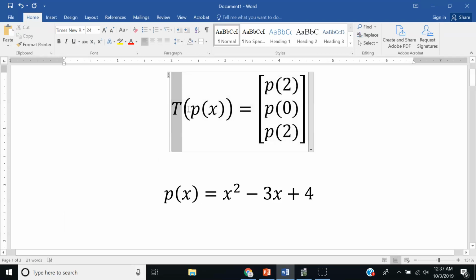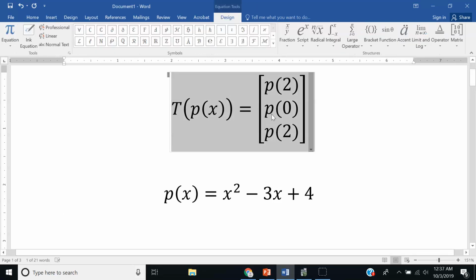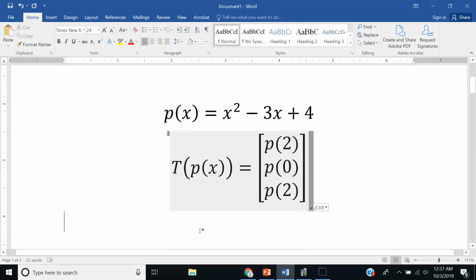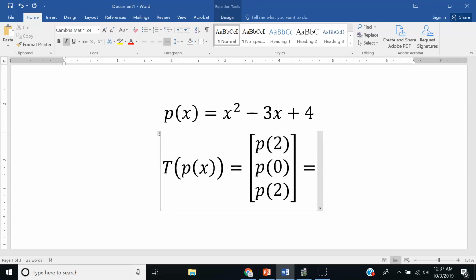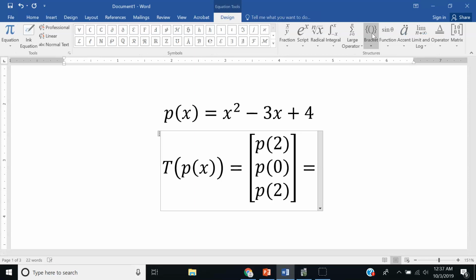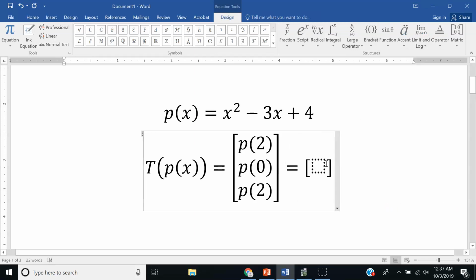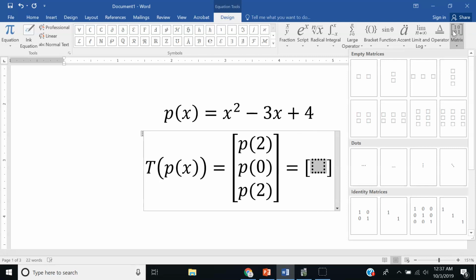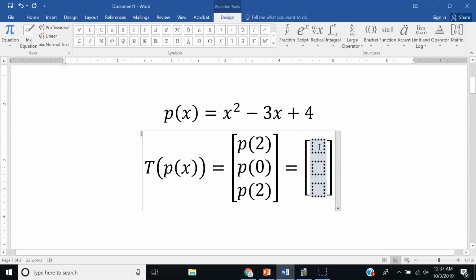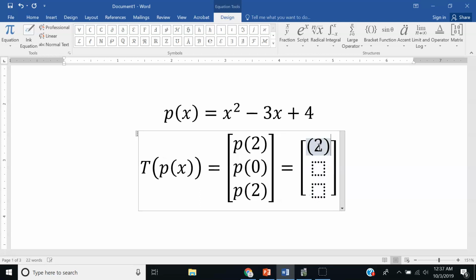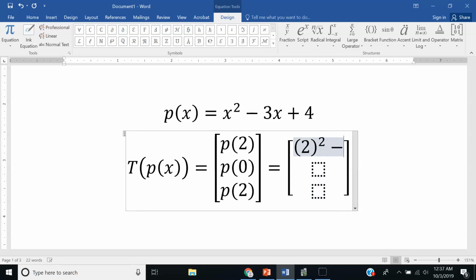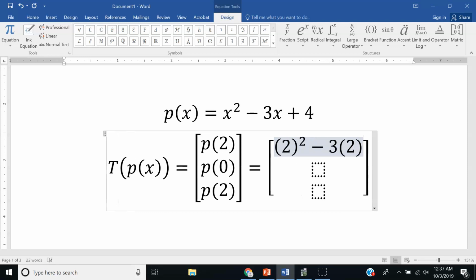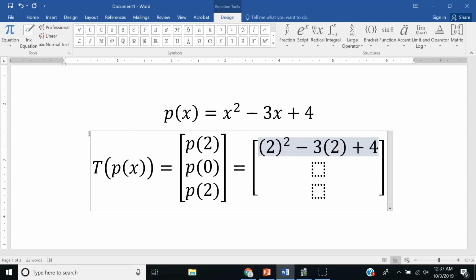What this transformation does is take that polynomial and plug in 2. When I plug in 2 into this polynomial, what we get is 2 squared minus 3 times 2 plus 4. Whatever that comes out to, that's my first entry. Then I'm going to plug in 0.